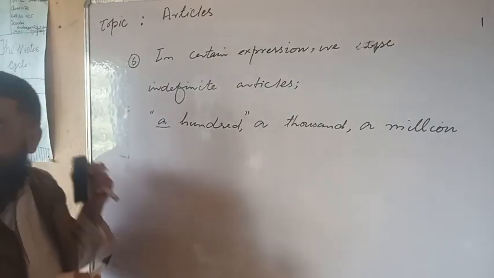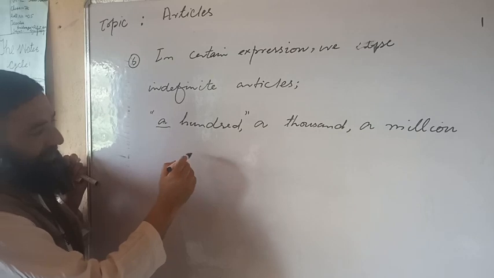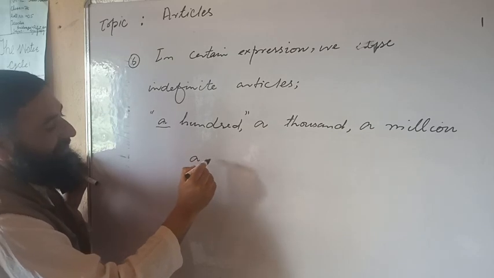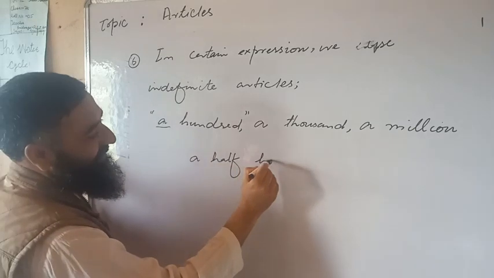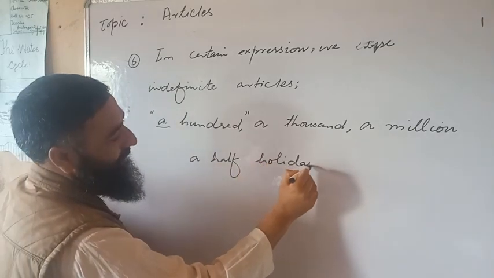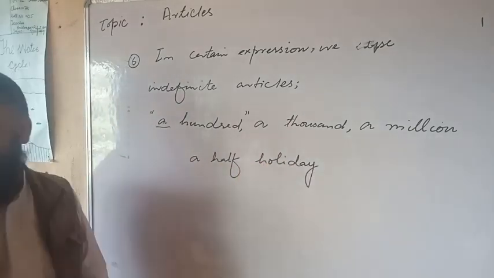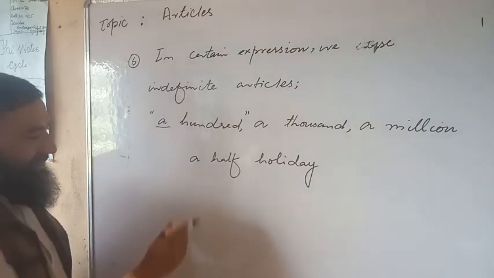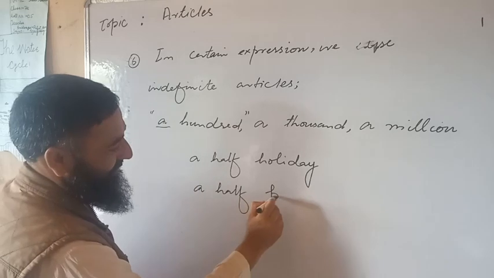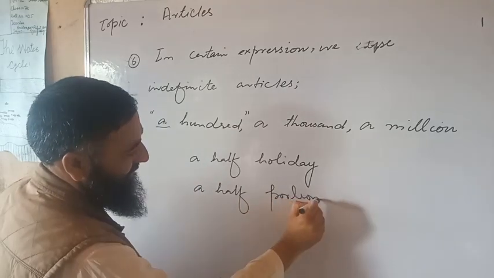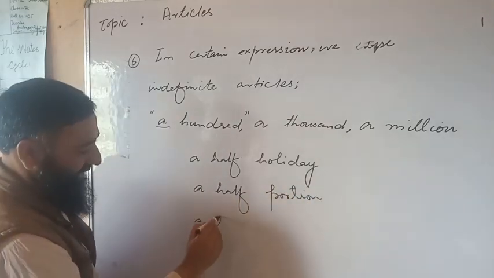Certain expressions, certain words are there. For example, you write sometimes a half holiday. You have to remember these expressions: a half holiday, a half portion, a half share.